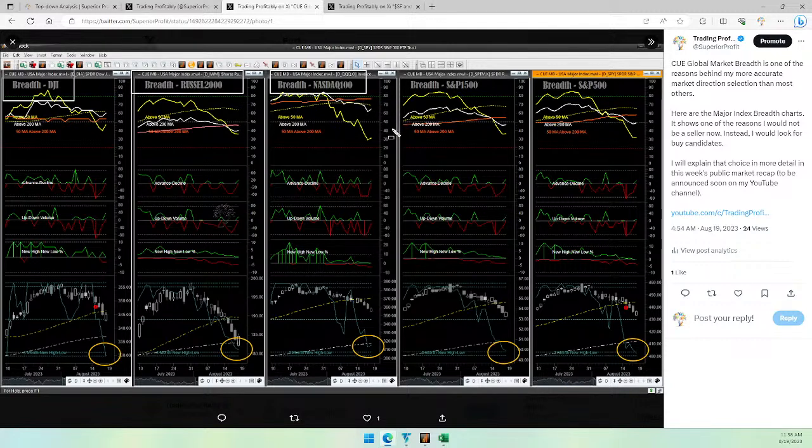deciding preferred trading direction: the market breadth total view charts. And here I am showing the breadth information for Dow Jones Industrials, Russell 2000, Nasdaq 100, S&P 1500, S&P 500. None of the signals on these charts are about one stock.